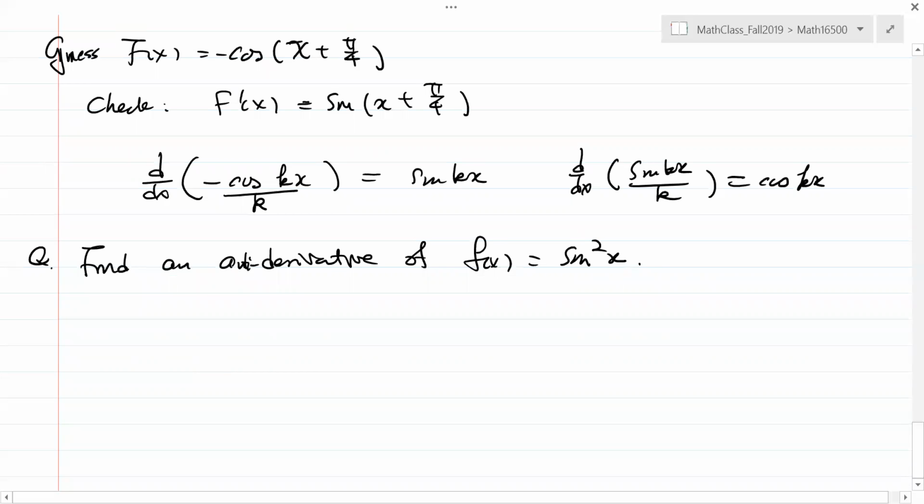The antiderivative of sine x is negative cosine x, but the antiderivative of sine squared x is not going to be negative cosine squared x. That's not such a formula. So you have to modify the function. I think it is going to be 1 minus cosine 2x, divided by 2.